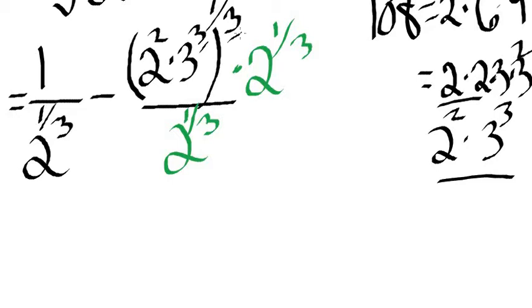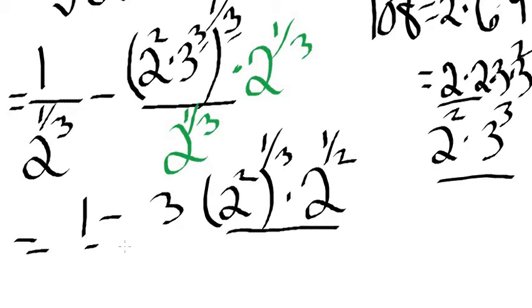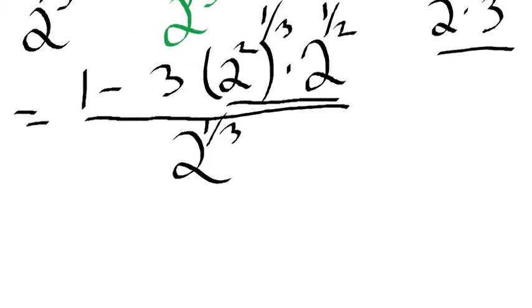So I'm going to go ahead and bring that out. 1 minus 3. I have 2 squared raised to the 3rd times 2 raised to the 3rd. So we can actually join these two together. Remember, it's all over 2 to the 3rd.